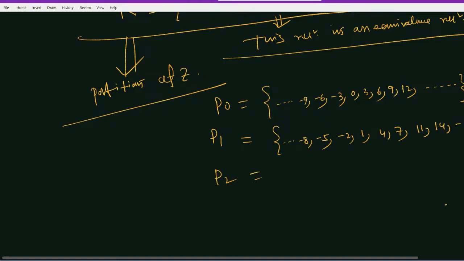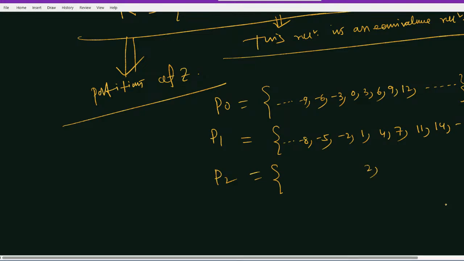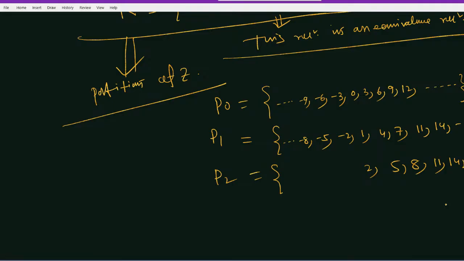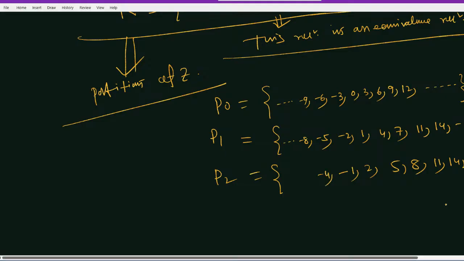Or P2: 2, 5, 8, 11, and this one, minus 1, minus 4, like this. Okay?